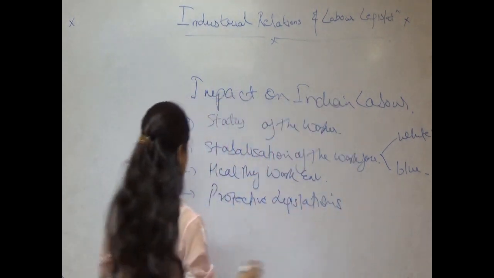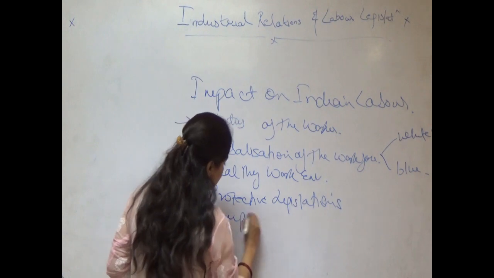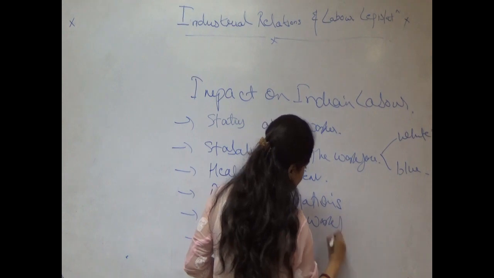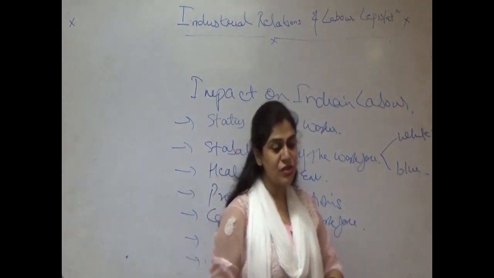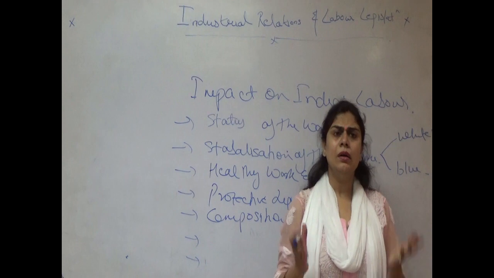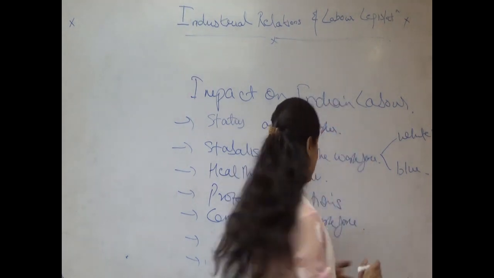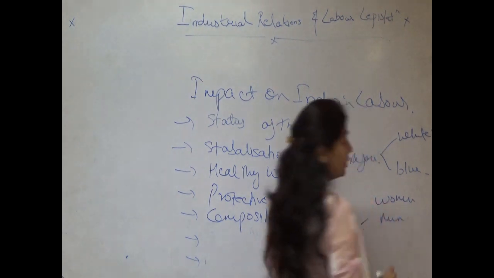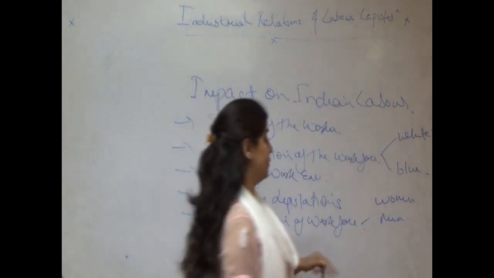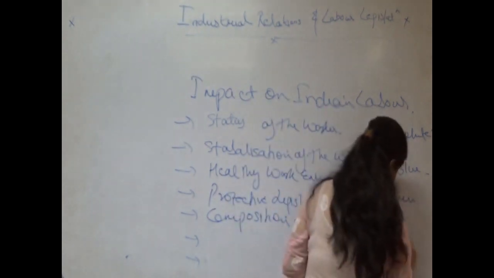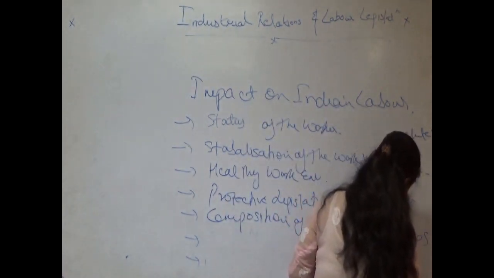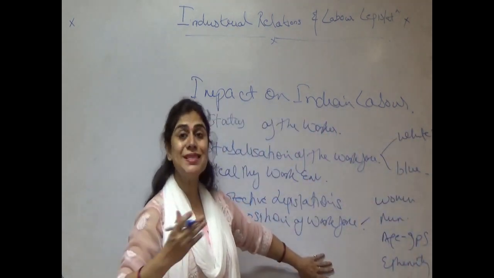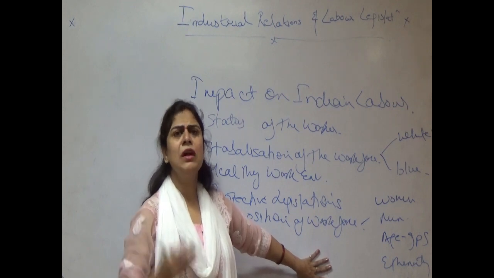Further, what about the composition of the workforce? Composition consists of various kinds of mix, a blend of women, men, various age groups, ethnicity, and various kinds of people coming from different cultures.